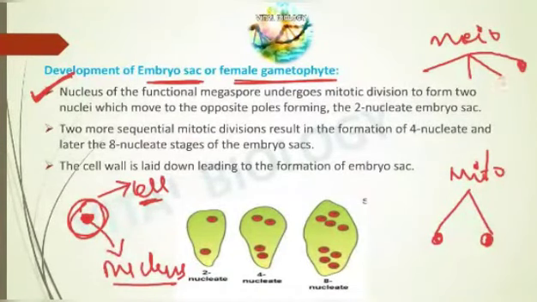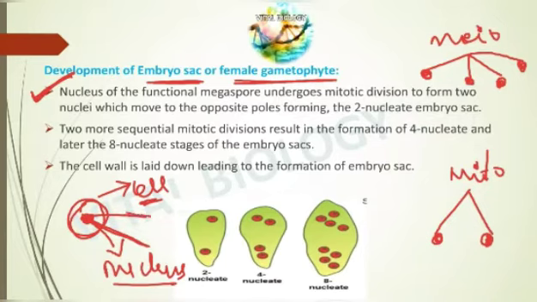Okay, 4 cells. So here in the development of the embryo sac, or female gametophyte, the nucleus of the functional megaspore undergoes mitotic division and forms 2 nuclei.